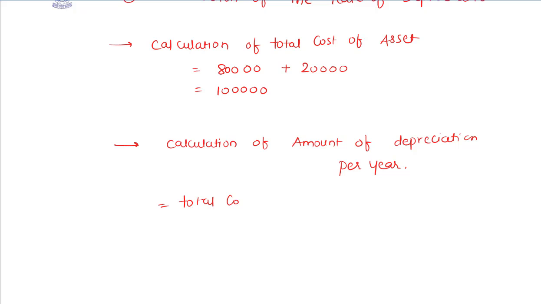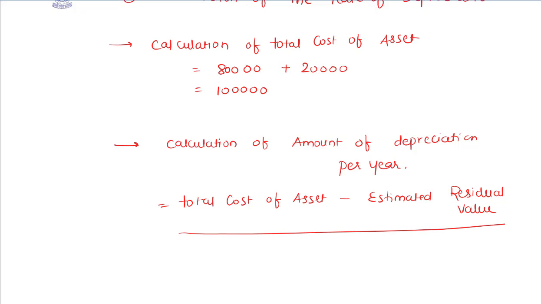Please write the formula: total cost of asset minus estimated residual value divided by expected useful life of the asset.